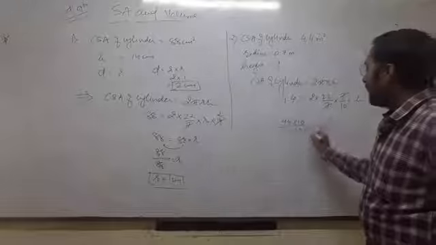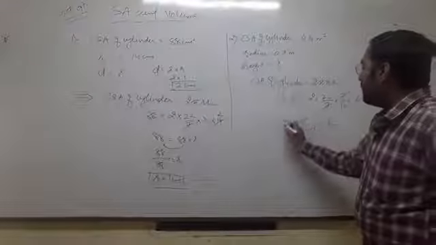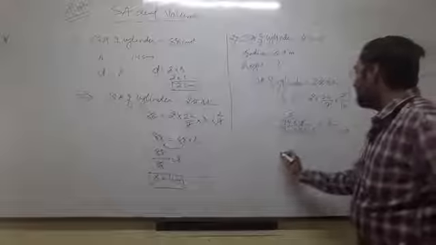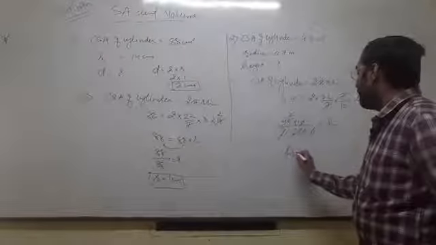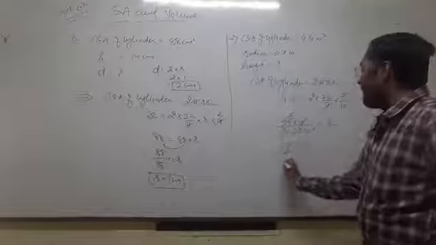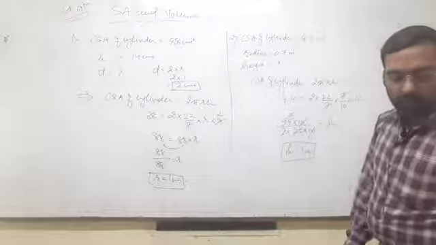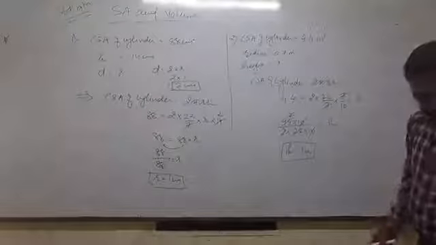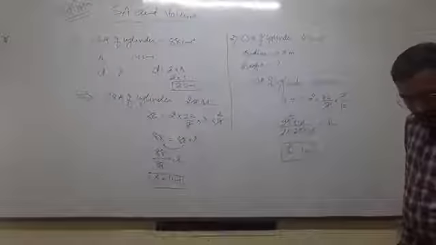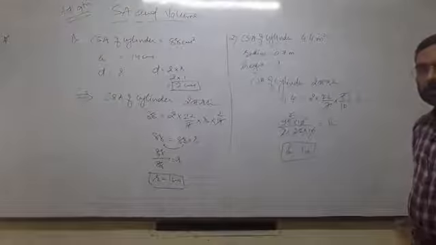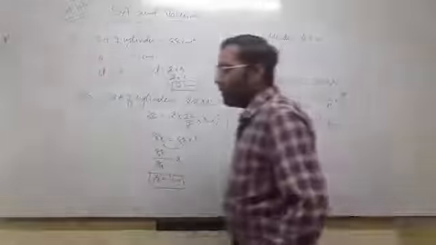Okay, so 10 cancels out, 22 2s are 44, and 44 cancels out. Therefore my height of the cylinder is 1 meter. Okay, my height of the cylinder is 1 meter. Clear, students?